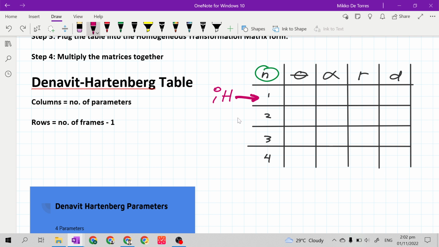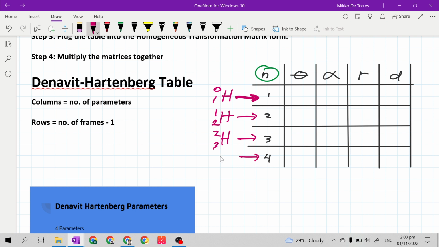Next, the second row represents the homogeneous transformation matrix of frame 2 in reference to frame 1. Then row 3 represents the homogeneous transformation matrix of frame 3 in reference to frame 2.